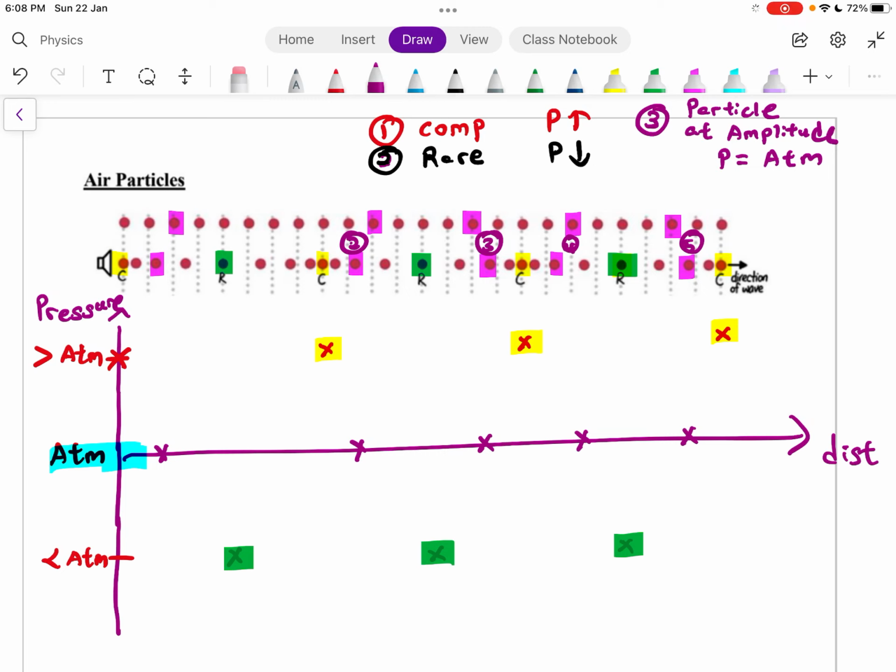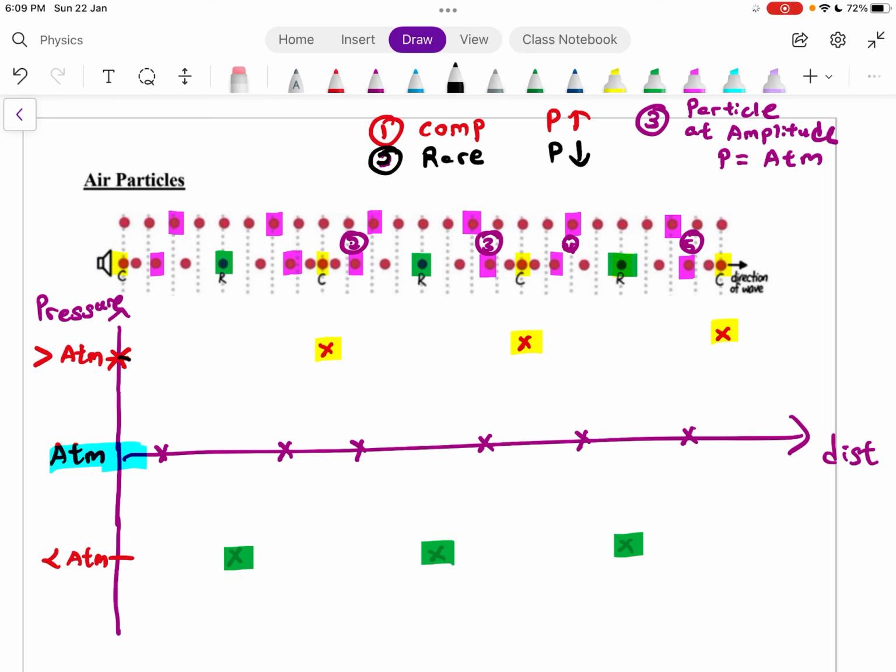Okay, so I think, did I miss out any? Okay, I think I missed out a point. Yeah, I missed out an amplitude. So one of the amplitudes is right here. So it's this, right? Okay, so this will be right here. Yeah, alright. So this is all the pressure, all the particles at the amplitude. Then after that, you just need to sketch.